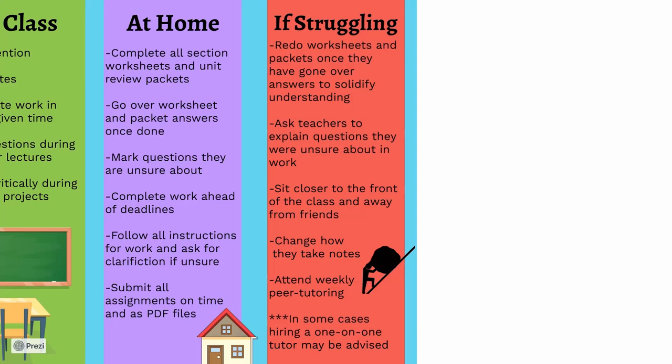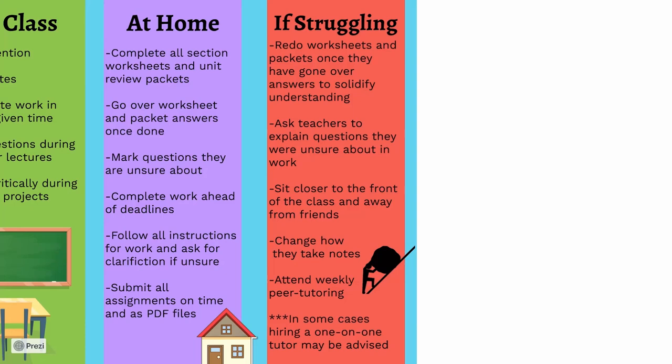Oftentimes we see that peer tutoring is a very good and strong tool for our students, as learning from a peer sometimes gives insight that they might not be able to get from a teacher.